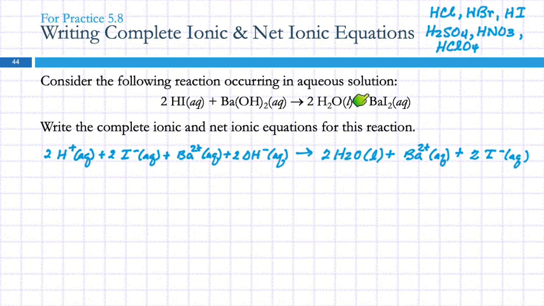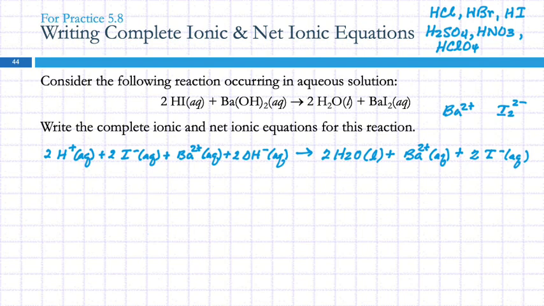Now, sometimes I'll see someone split this into ions, and they'll call this Ba2 plus and I2 2 minus. Well, I understand why you might want to do that, right? But the 2 here means that I have 2 of the iodide ions, right?